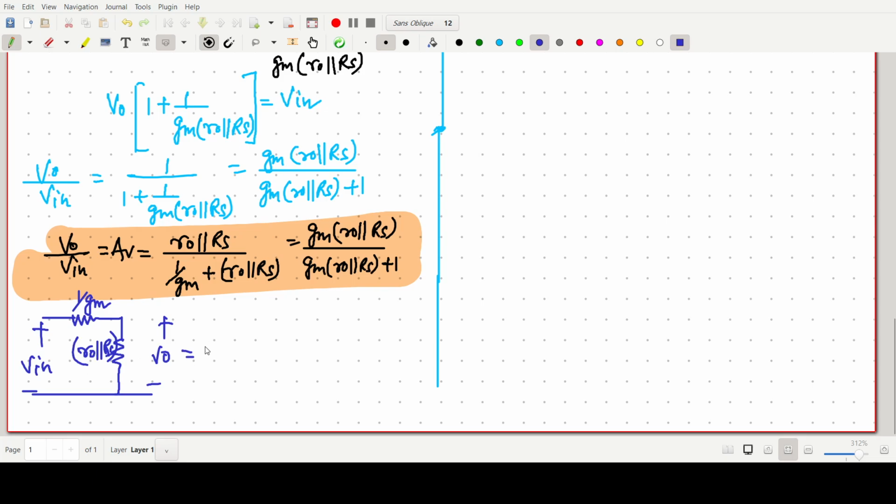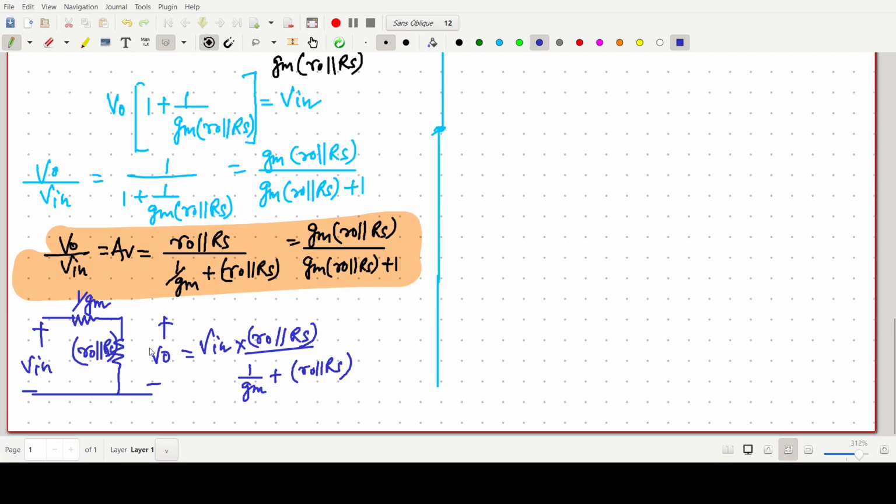So V naught, by voltage divider, is V in times R naught parallel with RS divided by 1 by gm plus R naught parallel with RS.